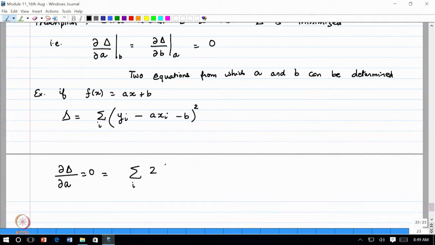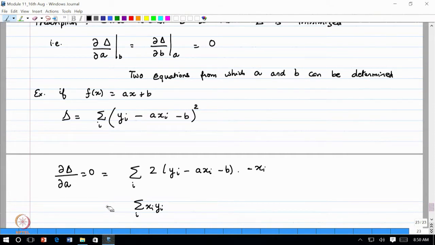So, I will get twice y I minus A x I minus b into, now derivative of this with respect to A is minus x I. Okay. So, what this gives you is the following. Now if I multiply it out and I cancel the factor of 2, I get sum over I x I y I, I am cancelling the minus 2 factor.